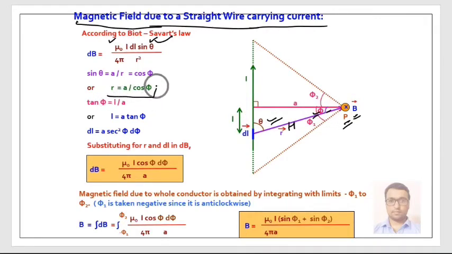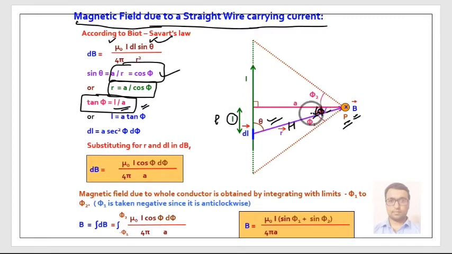From here you can calculate that r will be a upon cos phi, because if you utilize this relation you will get r equal to a by cos phi. Or you can say tan phi equals, and this length we have considered L, so tan phi will be L upon a, that is perpendicular upon base. In this triangle, the side in front of angle phi is called perpendicular, and this is your base.